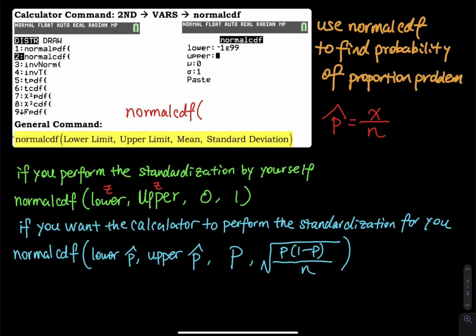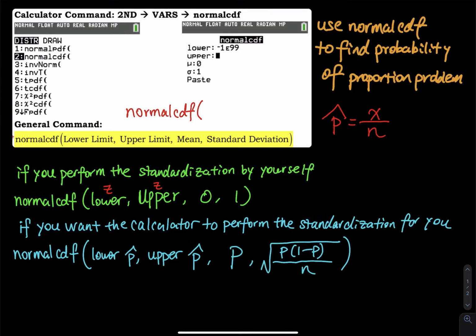For the mean, you don't say 0; you input the population proportion p, and for the standard error, you enter the square root of p times 1 minus p, divided by n. You use the blue command if you do not want to perform the standardization. You pick up a sample proportion straight from the problem, plug it into the formula, and get the probability straight from that command.